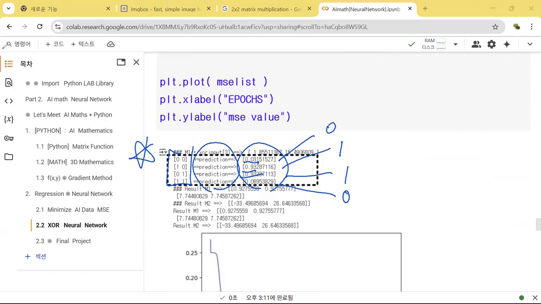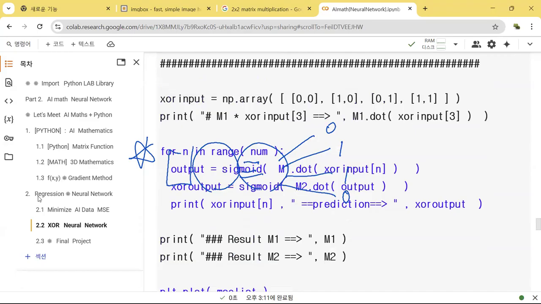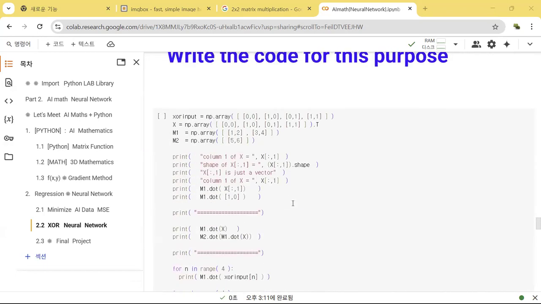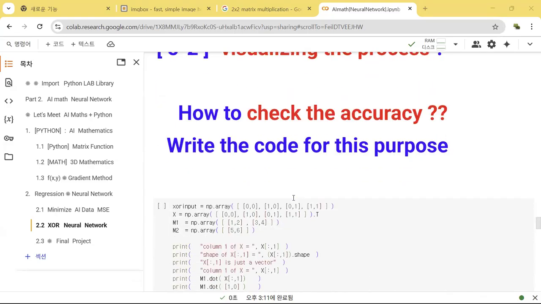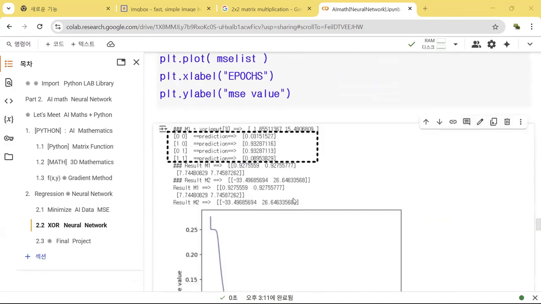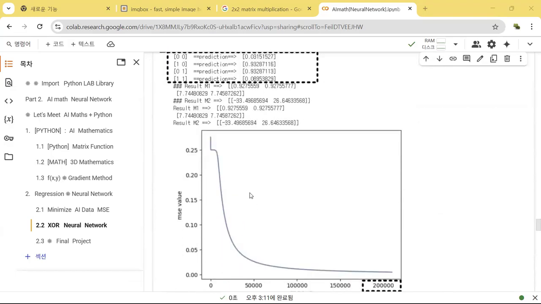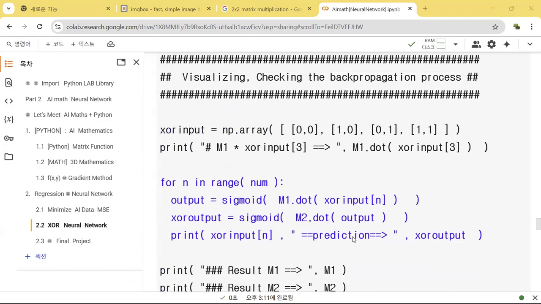So there are 2 ways to show that this code executes and improves as execution goes: by showing that the output value is very similar to the true value, or by using the graph of the mean squared error. There are 2 methods, 2 ways.